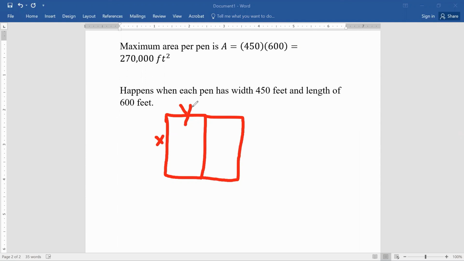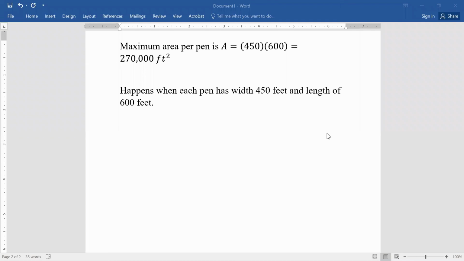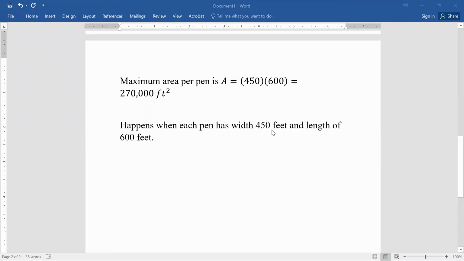If you wanted to, you could double check that if you take 450 times 4, because there's 4 y's here, plus 3 times 600, because there's 3 x's here, you do in fact get 3,600 for the total amount of fencing used. That's how this problem is done.